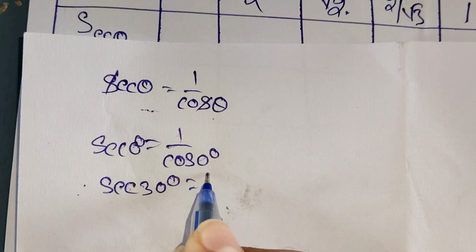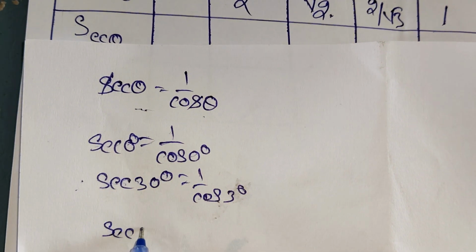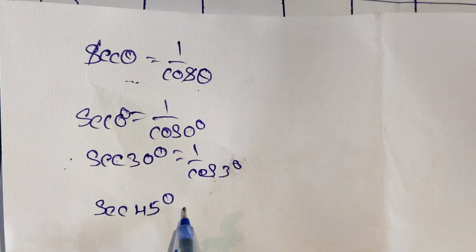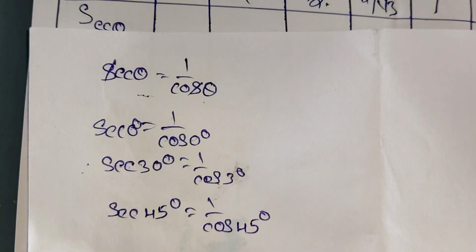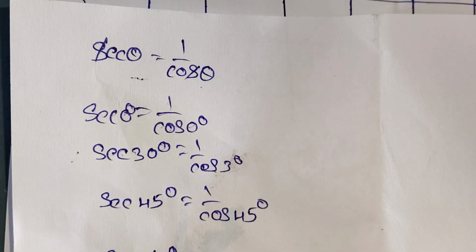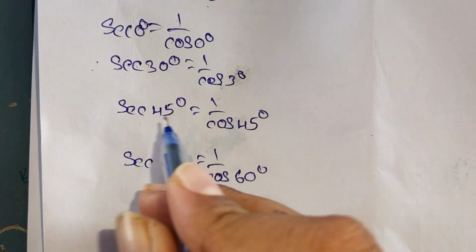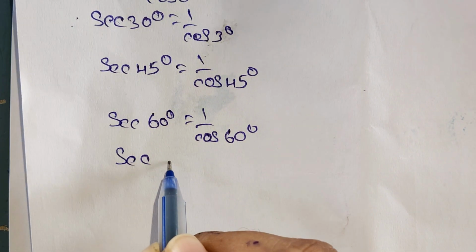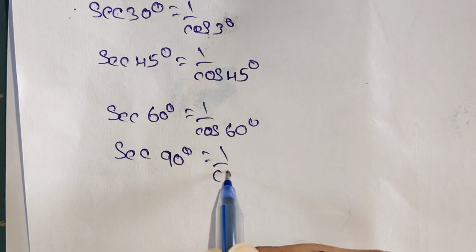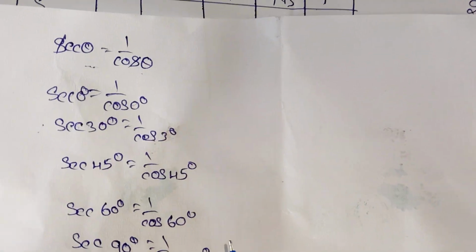Secant 30 degrees equal to 1 by cos 30 degrees. Secant 45 degrees equal to 1 by cos 45 degrees. Secant 60 degrees equal to 1 by cos 60 degrees. And finally secant 90 degrees equal to 1 by cos 90 degrees. So these are the secant theta expressions.